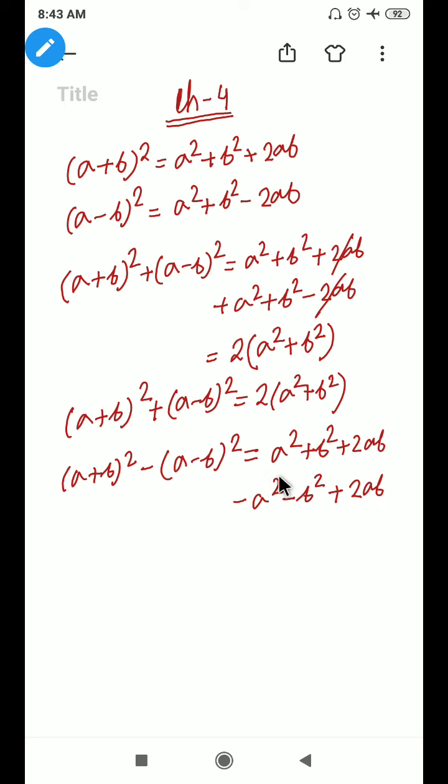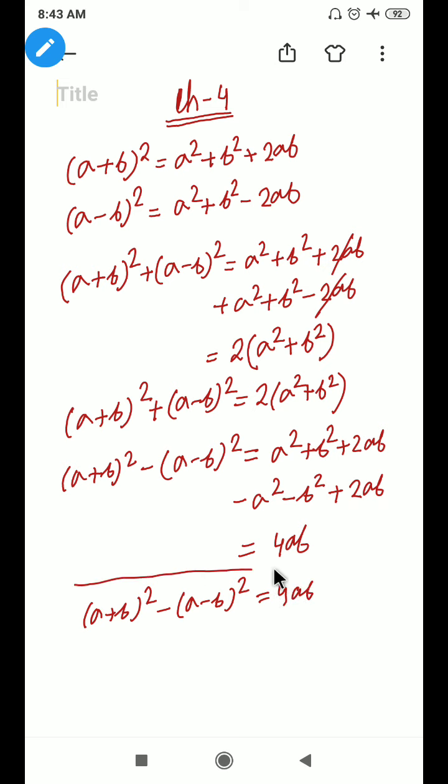So this time a square will be deducted and b square will be deducted, and what is left here? 4ab. So the formula is (a plus b) whole square minus (a minus b) whole square is equal to 4ab. So this is another formula. You have to remember these 4 formulas only for doing this chapter.